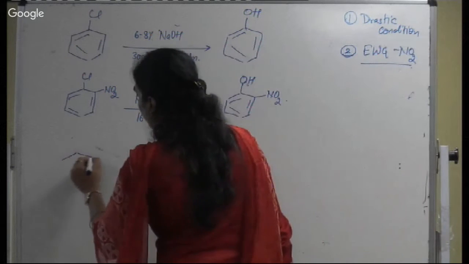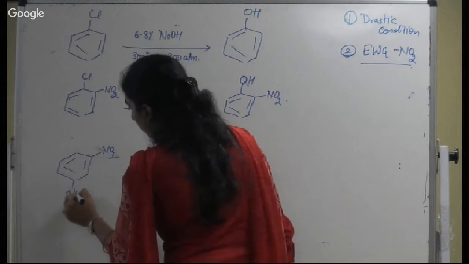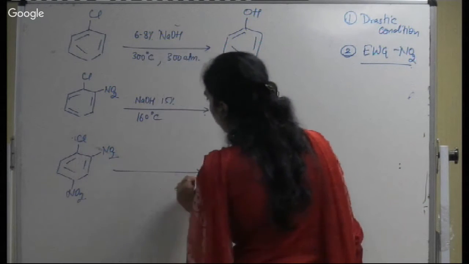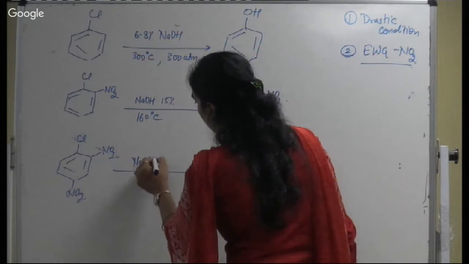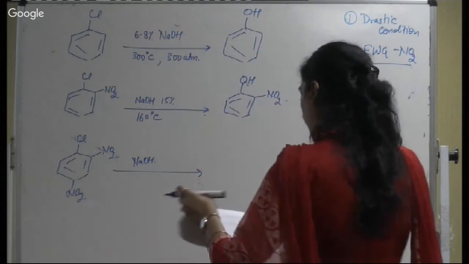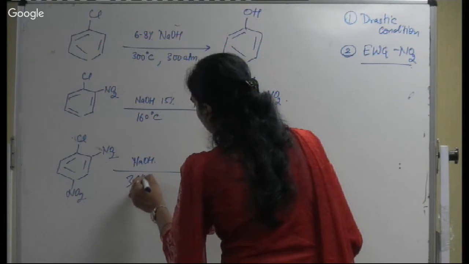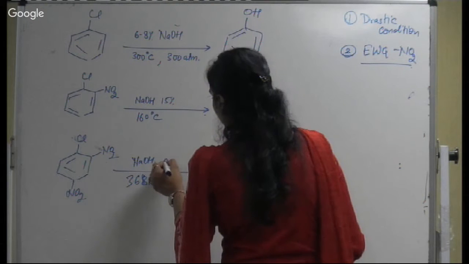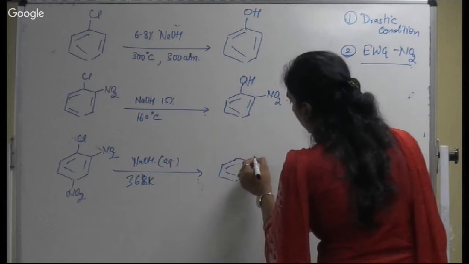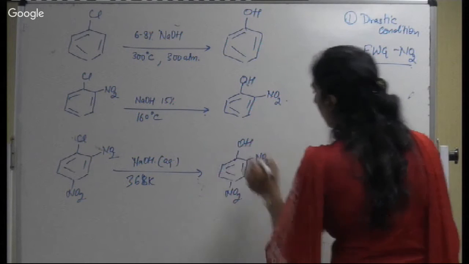If you have an ortho, para dinitro compound, at 368 Kelvin you will have to provide aqueous KOH, and you will get 2,4-dinitrophenol.